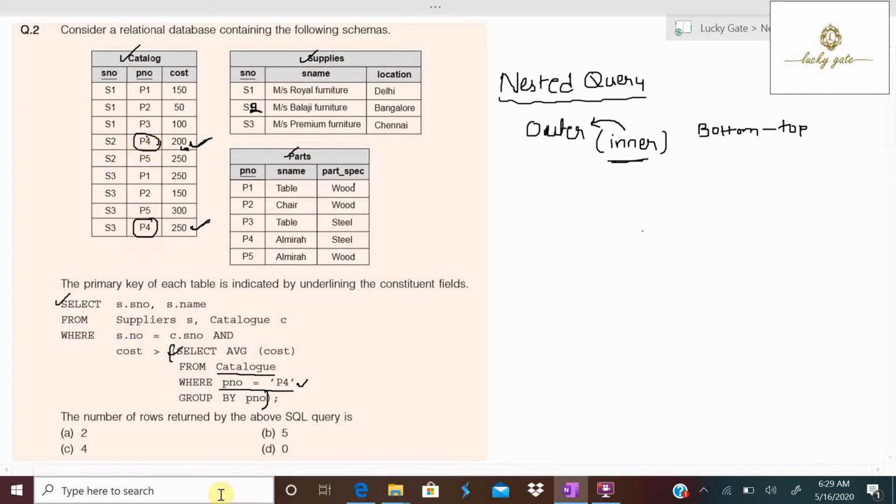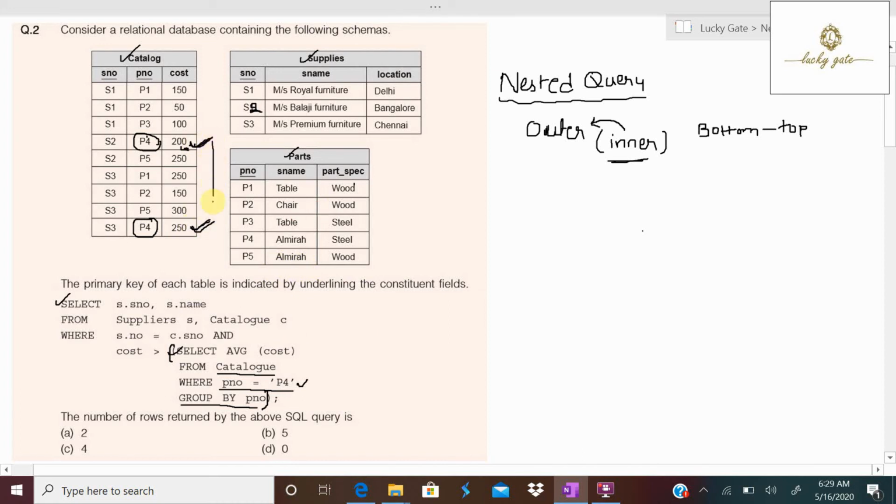In the inner query, a condition called group by P number is also mentioned. Because both are for P number P4, they form one group of two tuples: S2 P4 200 in one row and S3 P4 250 in one row.